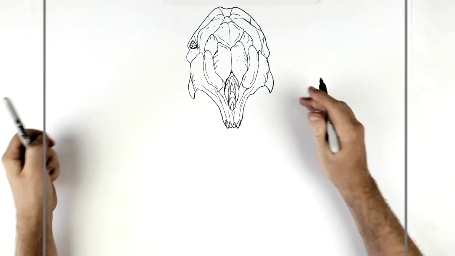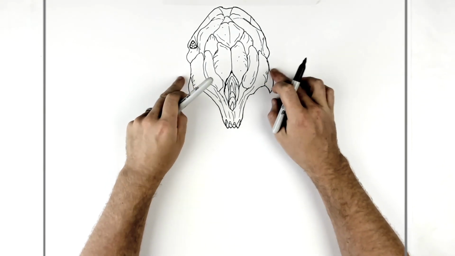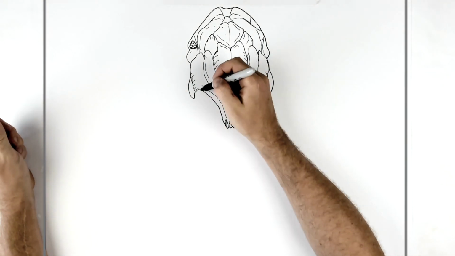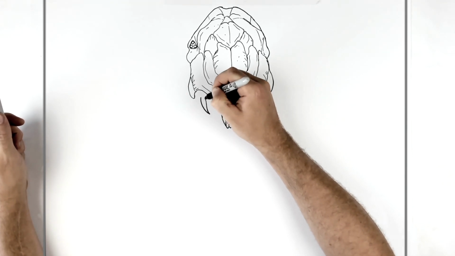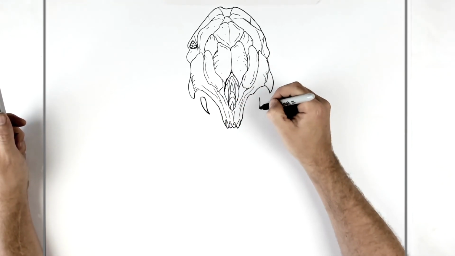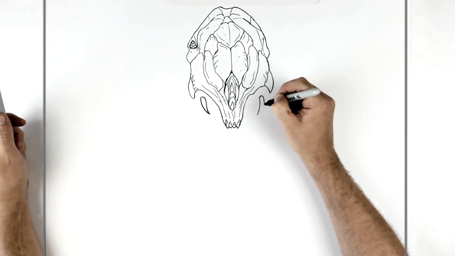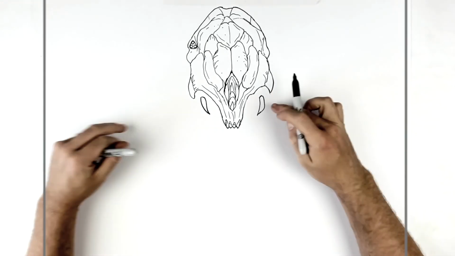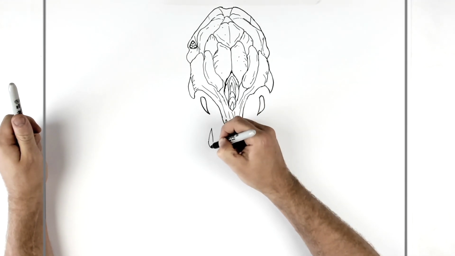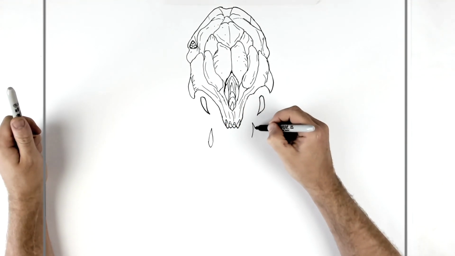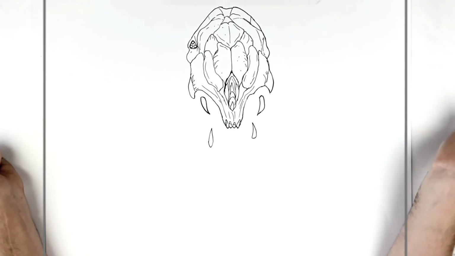So then teeth inside here, and then dreadlocks. So those predator type teeth. You've got these big fangs. So one here, one here. They don't have to be exactly the same. And then two sticking up on the bottom. Like that.